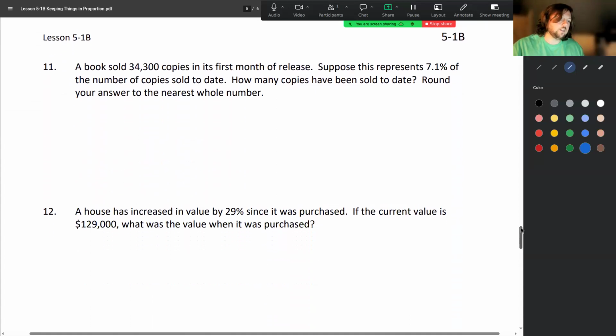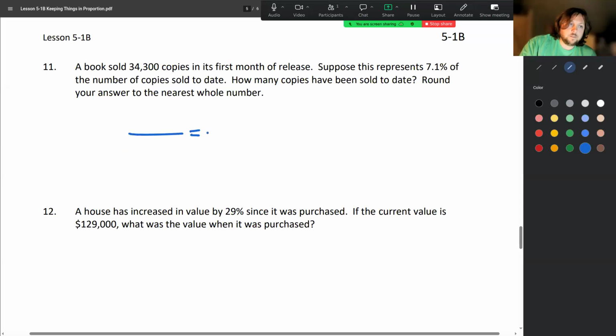All right, here's where the proportion technique for percentage problems really shines. So number 11, a book sold 34,300 copies in its first month of release. Suppose this represents 7.1% of the number of copies sold to date. How many copies have been sold to date? Round your answer to the nearest whole number.